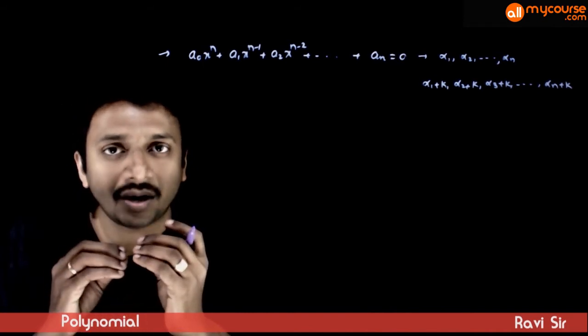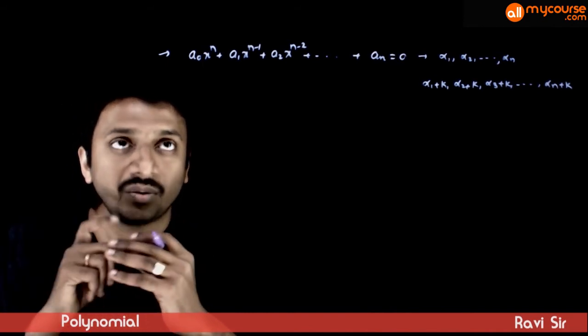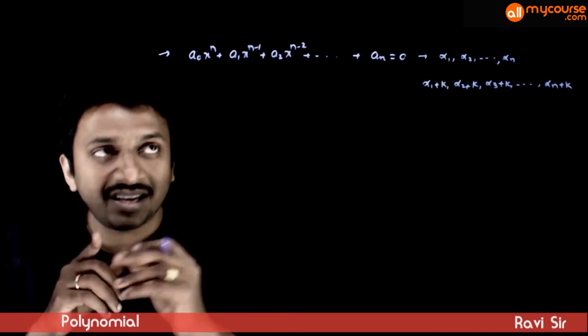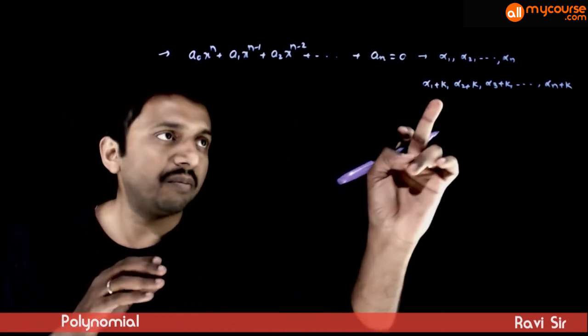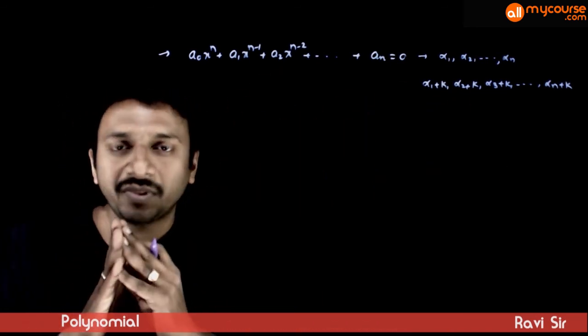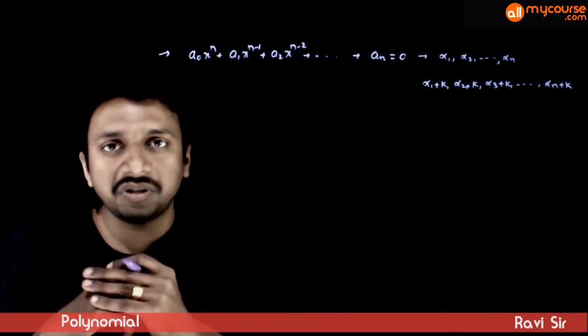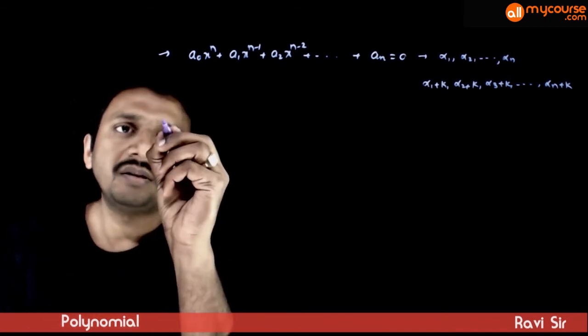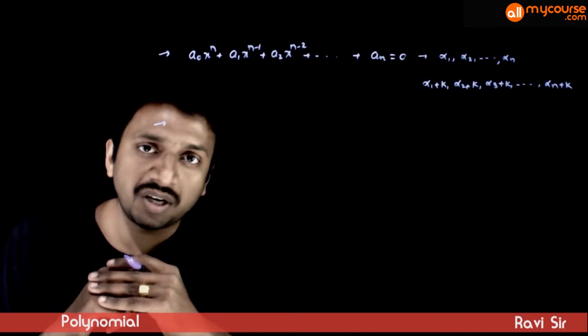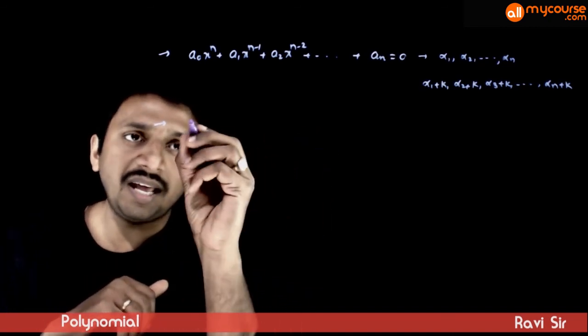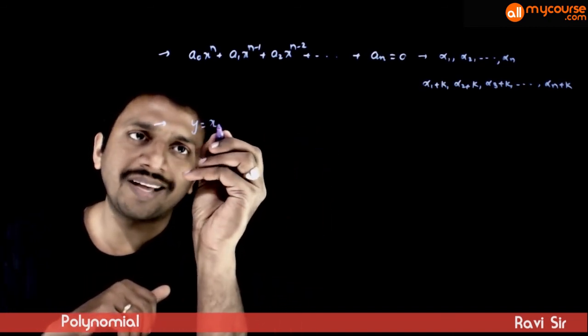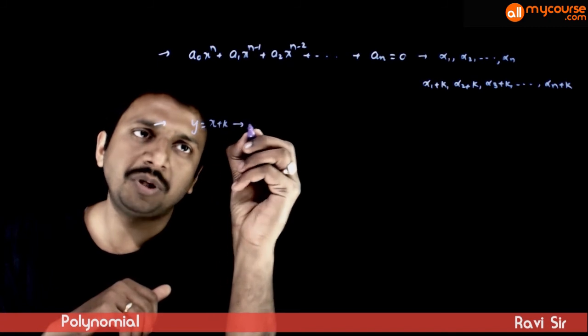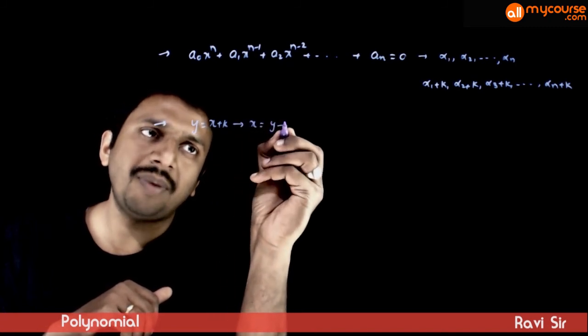That means I want an equation whose roots exceed the roots of this equation by a constant k. We have already seen the substitution that we need to do. So what is the substitution? We take y is equal to x plus k and substitute x with y minus k.